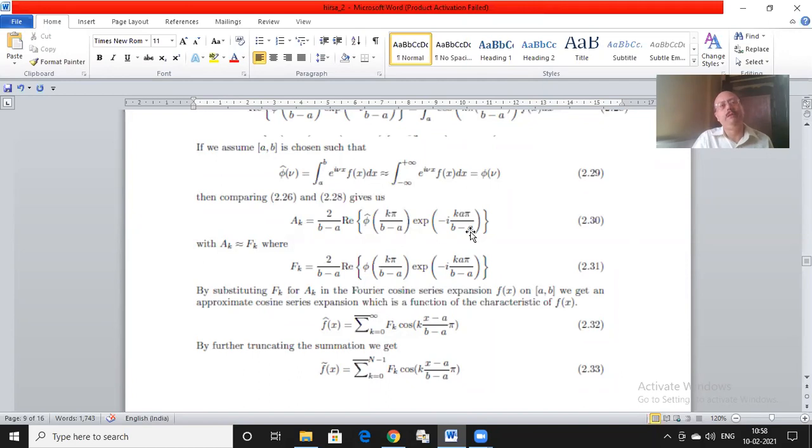So basically what we are saying, that what we claimed earlier, that make suitable choices for A to B, so that whatever remaining part of the integrals on the tails that we are ignoring, they are very small. So these two integrals can be assumed to be approximately equal.